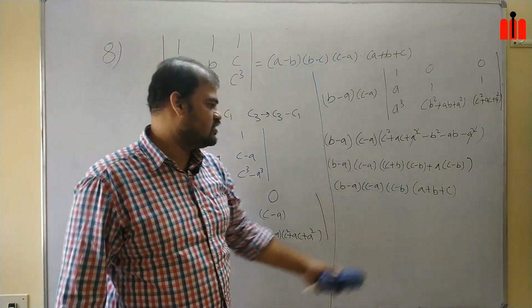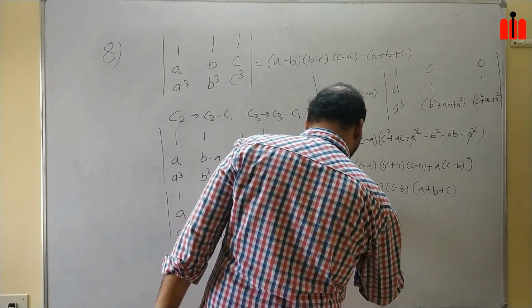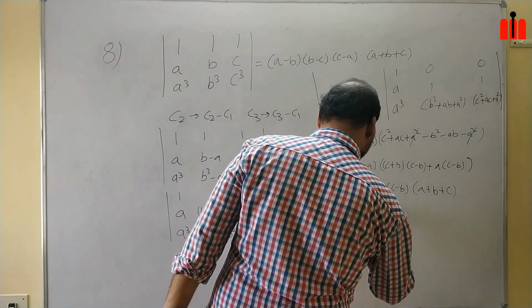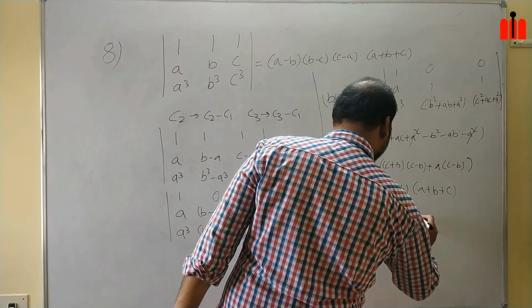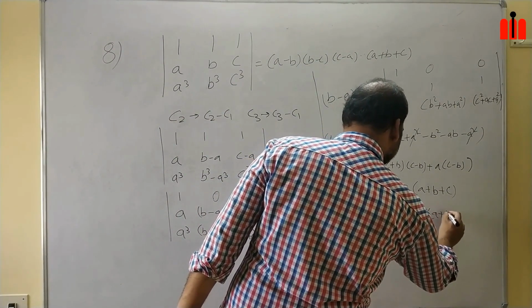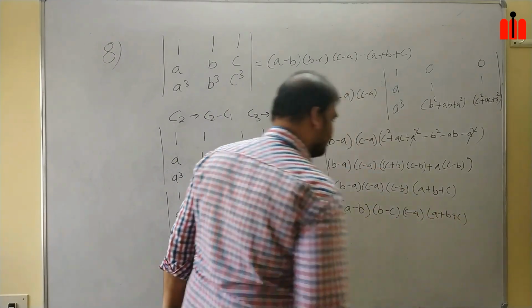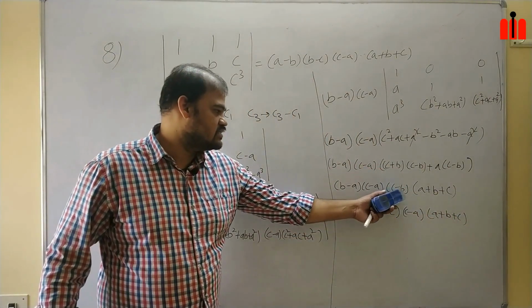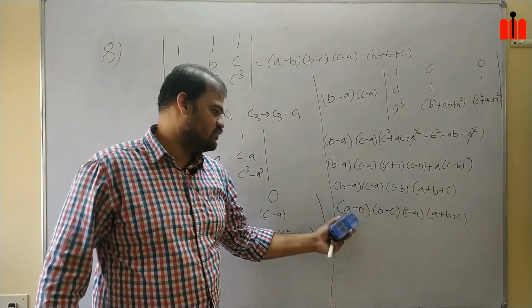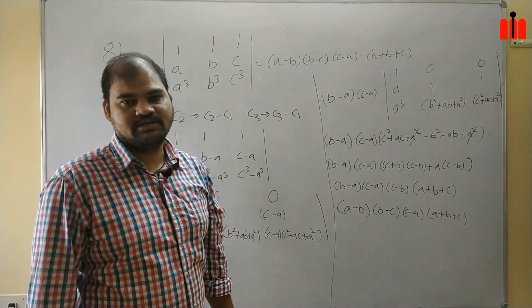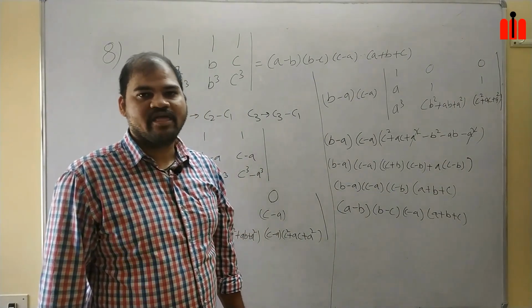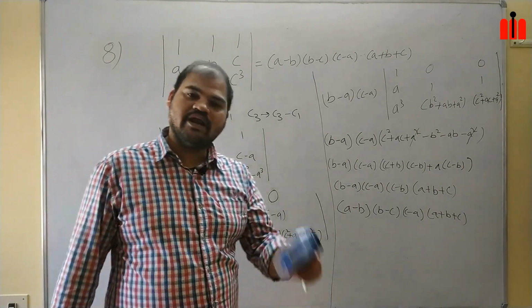So we will just make it in the order of the problem. Then it is a minus b, b minus c, c minus a, a plus b plus c. We had multiplied c minus b and b minus a with minus 1. Then you will get a minus b, b minus c, c minus a, a plus b plus c. Okay. So this completes problem number 8.